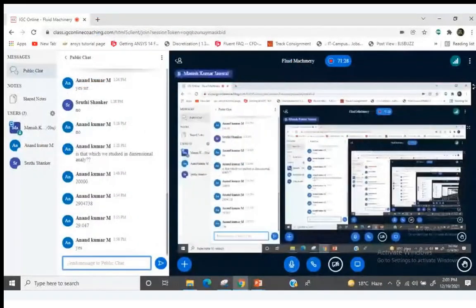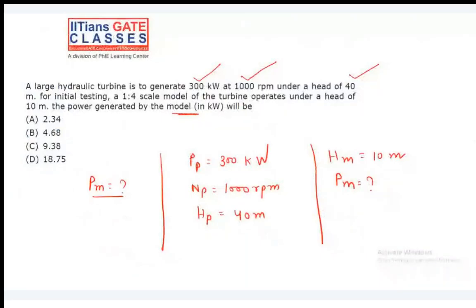Please solve. You should try to solve a few questions sitting in the classroom also.